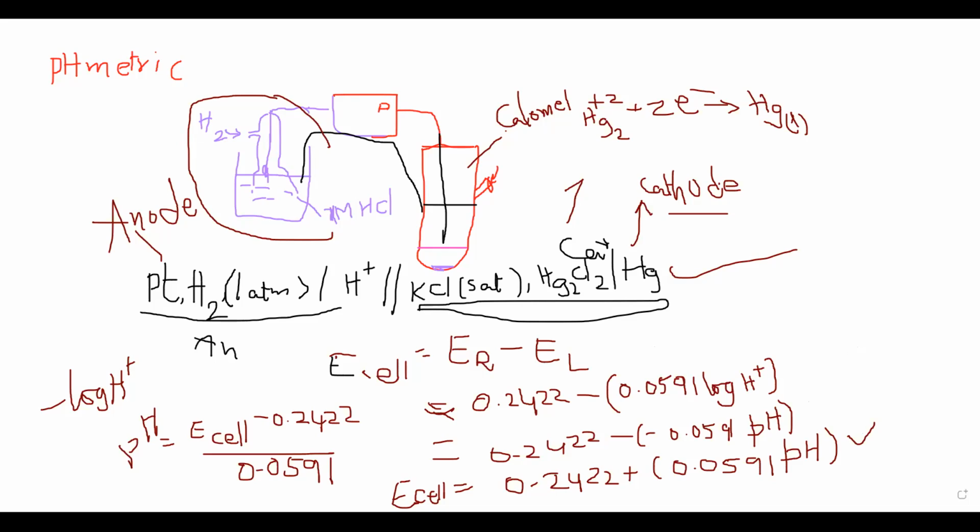Okay, let us move on to another area, using another electrode known as the quinhydrone electrode. What is the quinhydrone electrode? First of all, you must know what it is. The quinhydrone electrode is nothing but an equimolar ratio of quinone and hydroquinone.